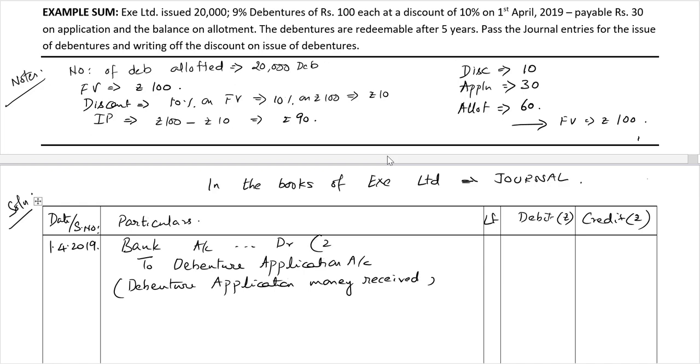Amount is 20,000 debentures multiplied by rupees 30 payable on application comes up to 6 lakh rupees.